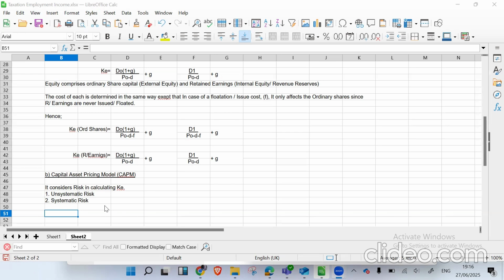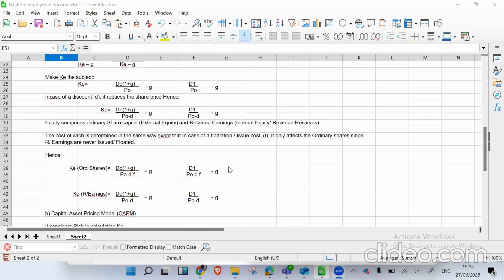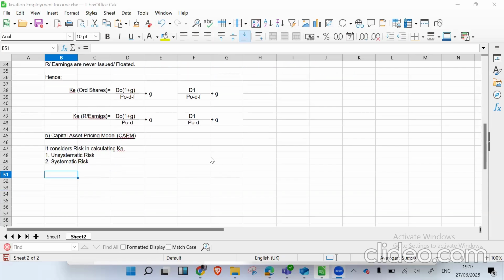It can be eliminated through diversification. Hence, it should not be considered when calculating KE.